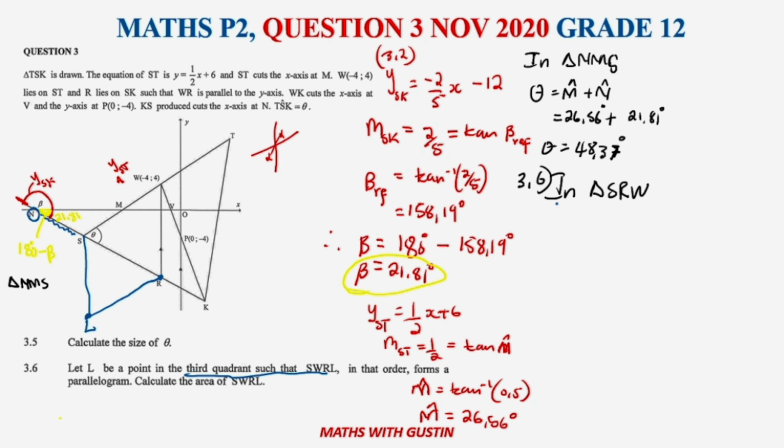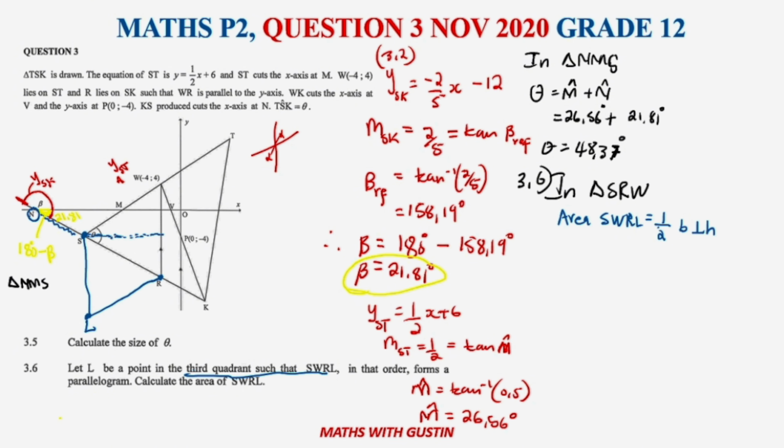So guys, you would know the formula for the area of a parallelogram. Area of SWRL is given to us by base times the perpendicular height. All right, so now we need to find the perpendicular height of this parallelogram. I would rather mark it from here, because this is the perpendicular height.